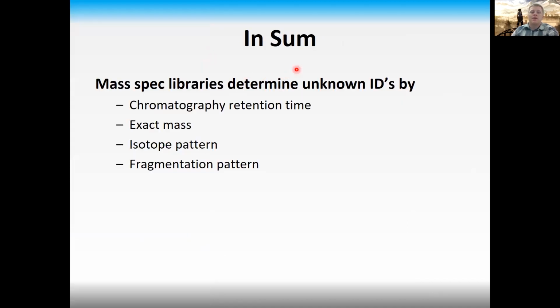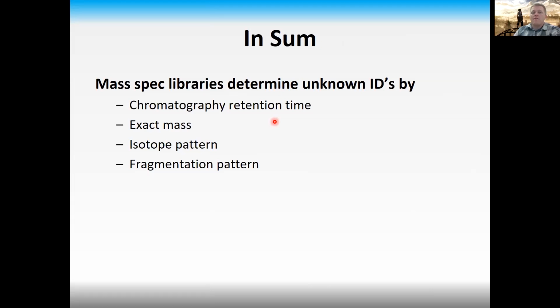All right, but in summation, you can use your mass spec library to determine the ID of an unknown species. And so your library can look at the chromatography retention time of your sample, can look at the exact mass, isotope patterns, and fragmentation patterns. So you combine all of that and you can actually get lists of hundreds of thousands of species that you can use to identify unknowns with.